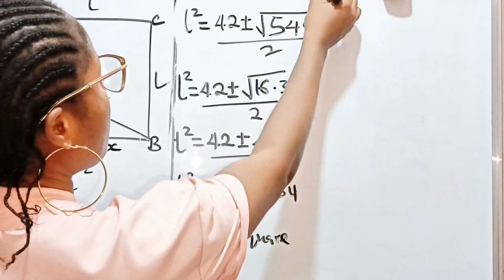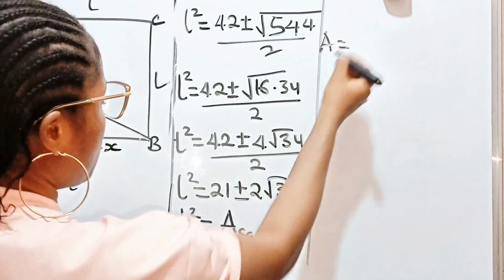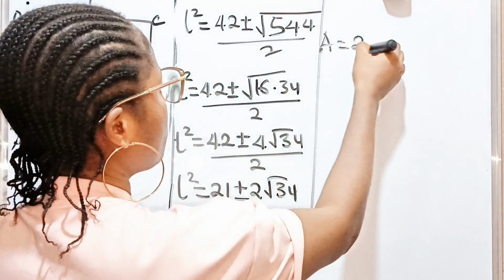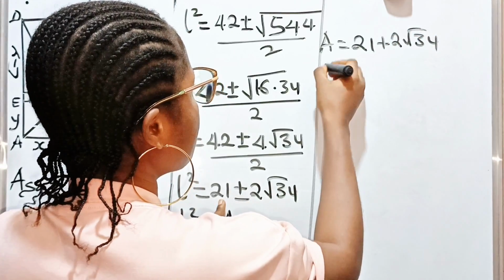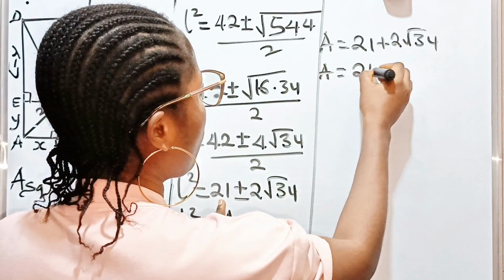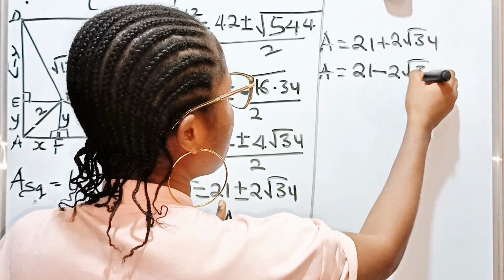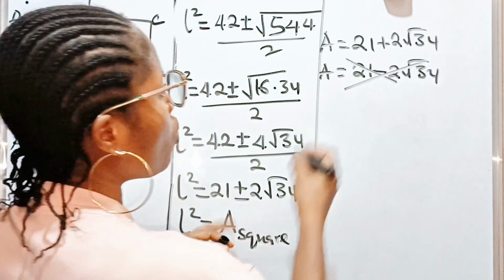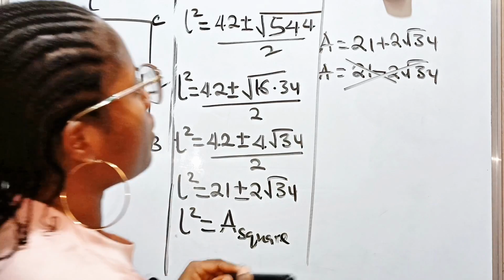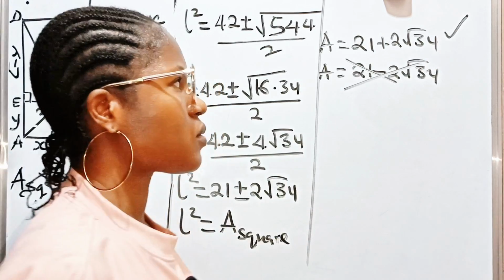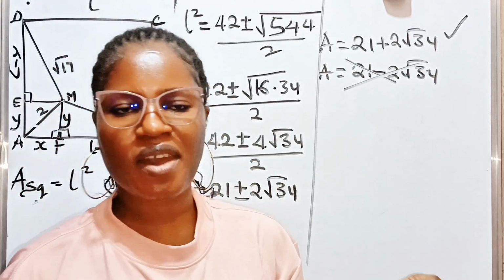So the area is equal to 21 plus 2 root 34, and A is also equal to 21 minus 2 root 34. But this last number is too small to be the area of our square. Therefore, this is the area of our square, in square units.